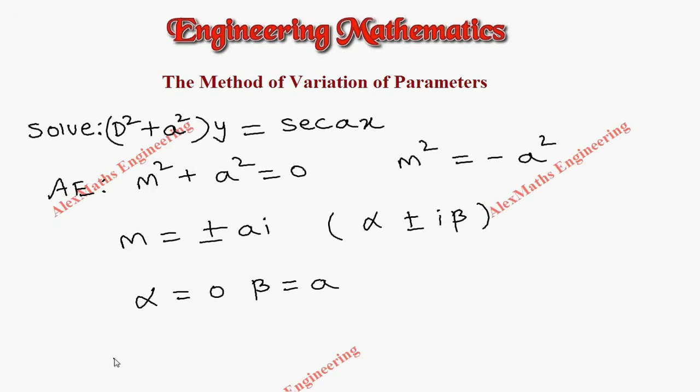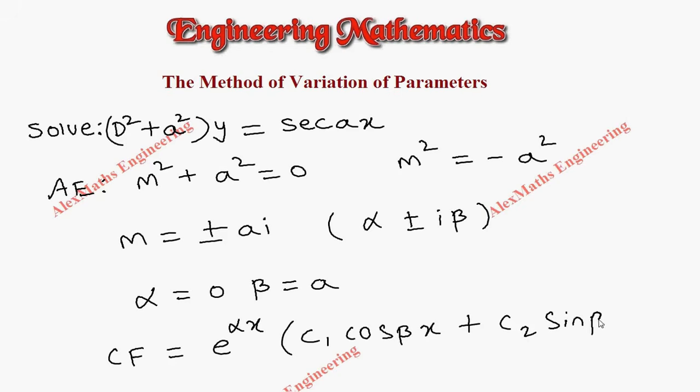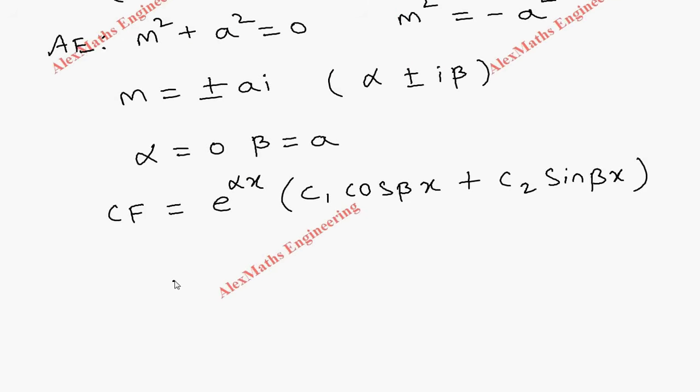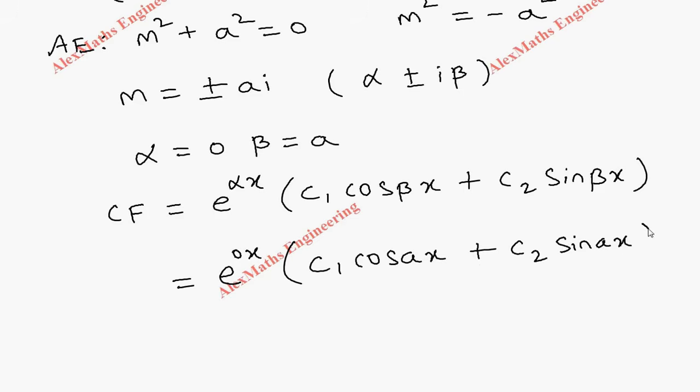So we can write the complementary function, which is e power alpha x into c1 cos beta x plus c2 sin beta x. Now by substitution, e power 0x into c1 cos ax, beta is a, plus c2 sin ax.